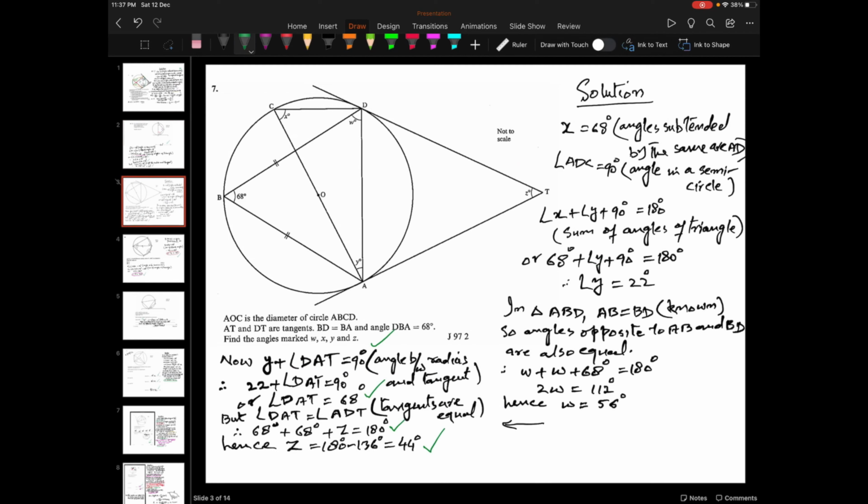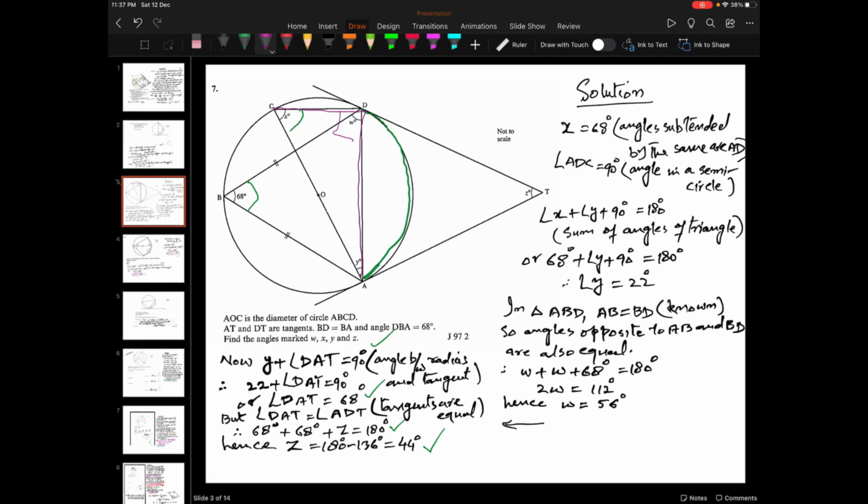Okay guys, in this figure angle C is equal to angle B. Reason is both angles are subtended by the arc AD. So angle X is equal to 68 degree. Moreover, angle ADC is equal to 90 degree.